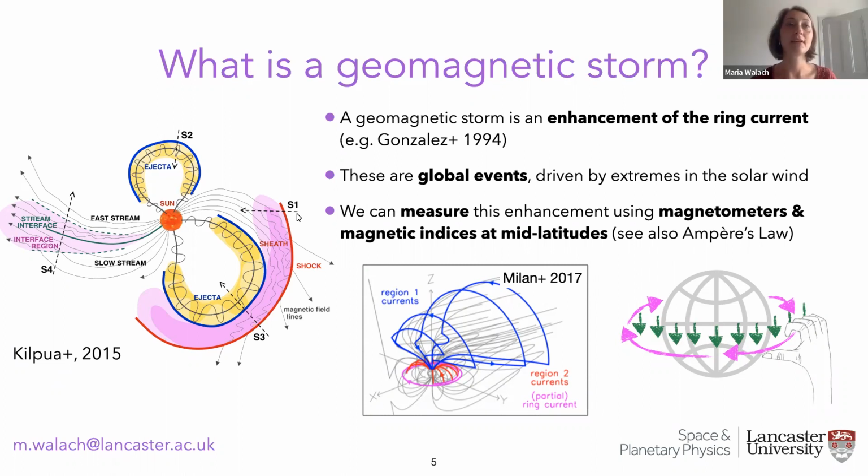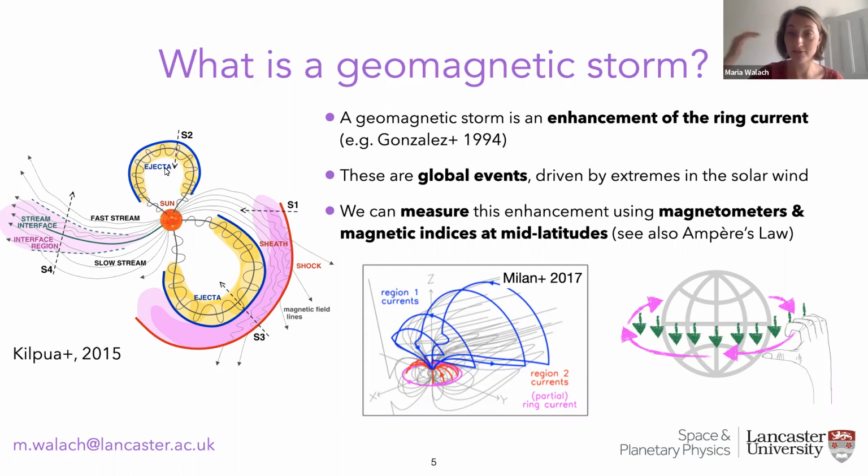If the solar wind is traveling towards you and you are observing something like S1, S2, S3 or S4, you are likely to be getting a geomagnetic storm. It's often a time when the solar wind is shocked, and then you have a sheath, or the ejecta can be enough, because that's often when you have very, very large IMF values, southward IMF.